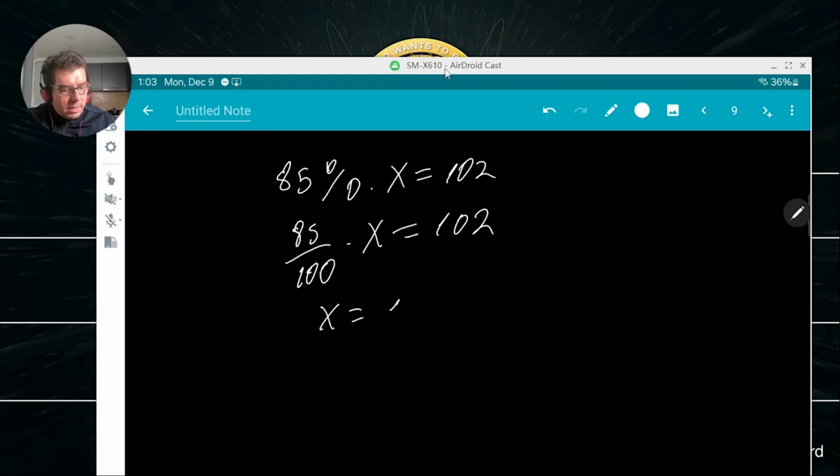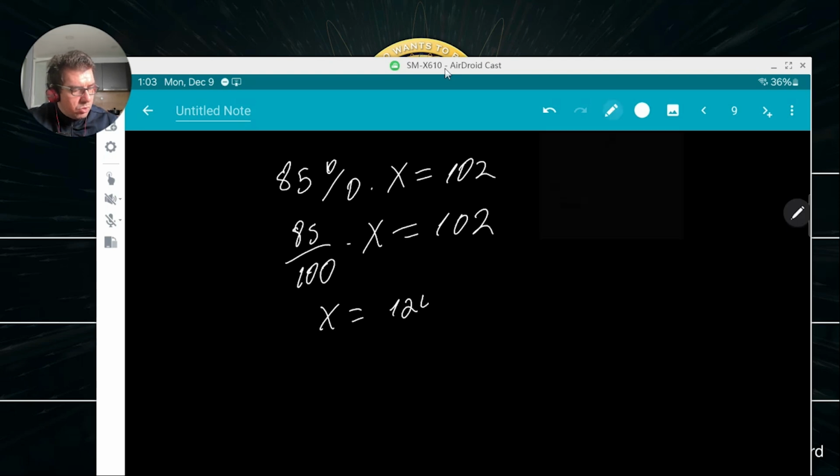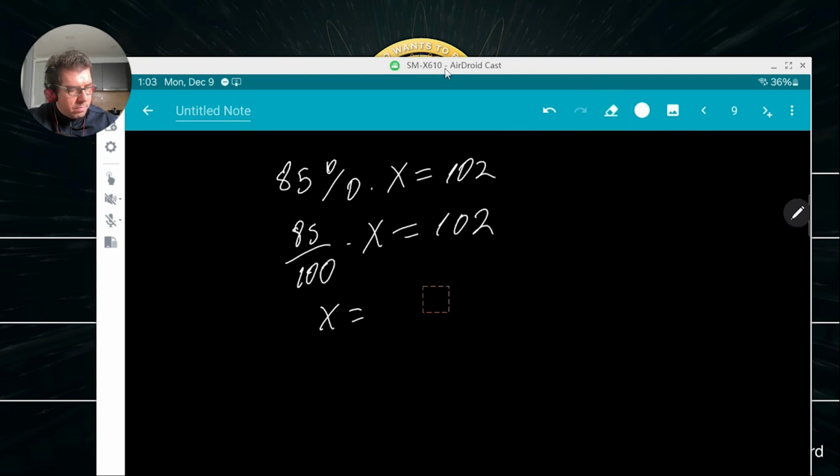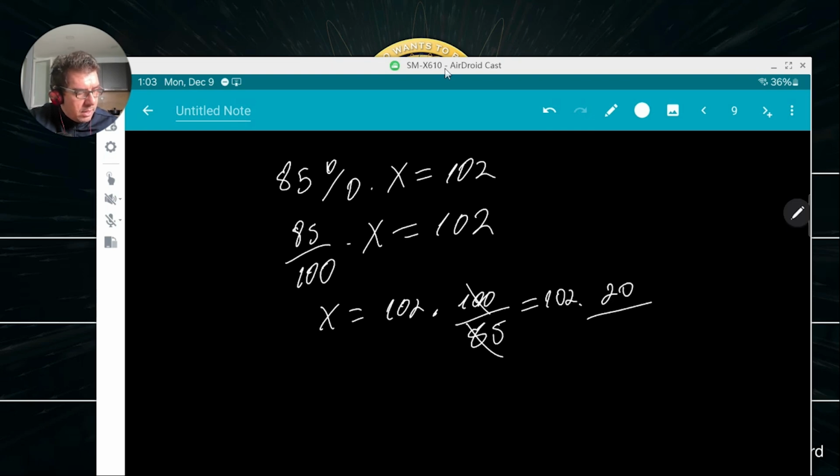X equals 102 times 100 over 85. And here we have to reduce, so let's see. 85 and 100, we can divide them by 5. So 102 times 20 over 85 divided by 5, is it 17?